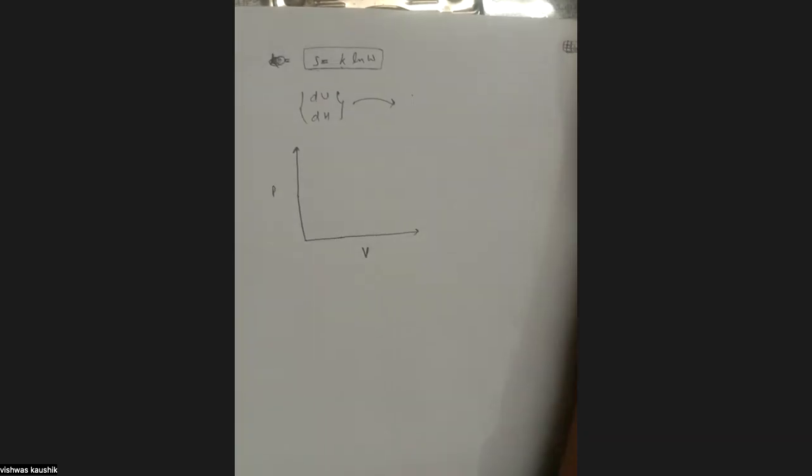What is the difference between the PV graph and the TS graph?